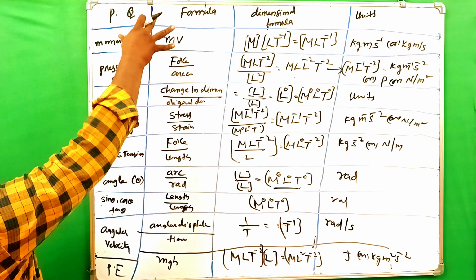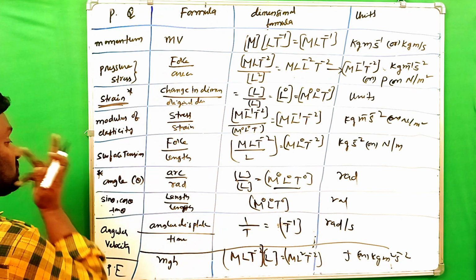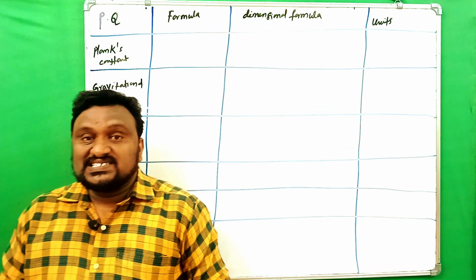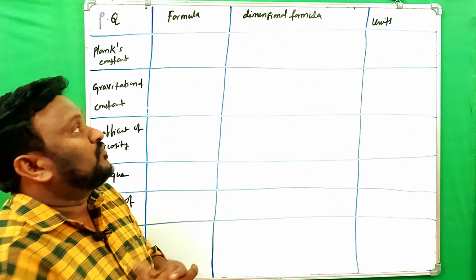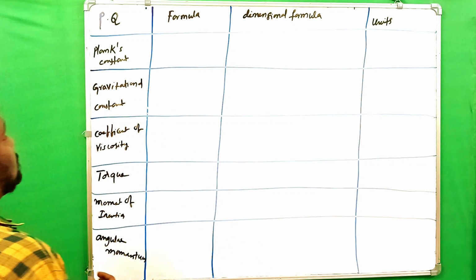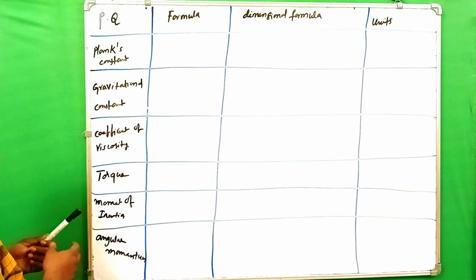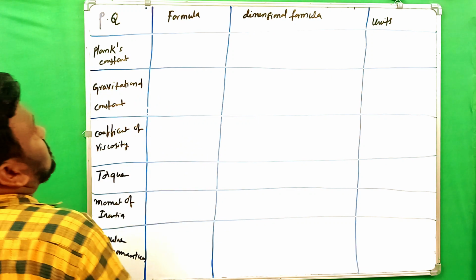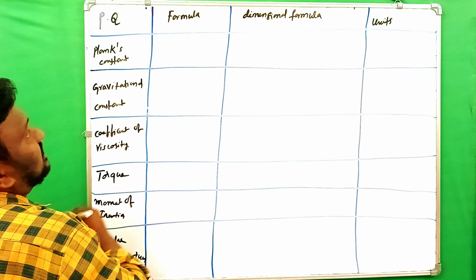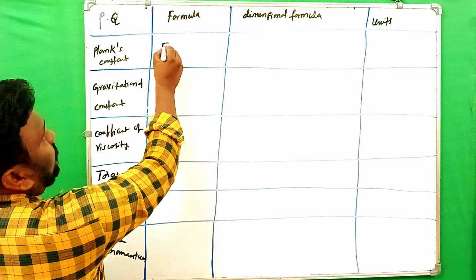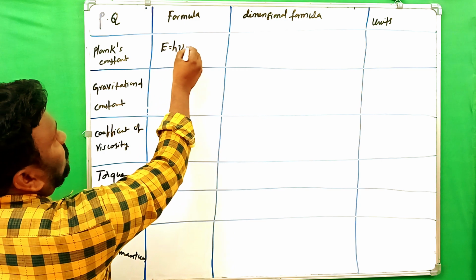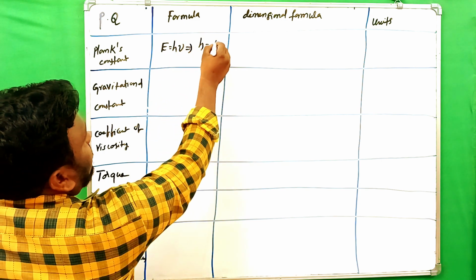So these are the dimension formulas of some other quantities. Now some constants. The first is Planck's constant, and its formula is E equals h nu, so h equals E by nu.